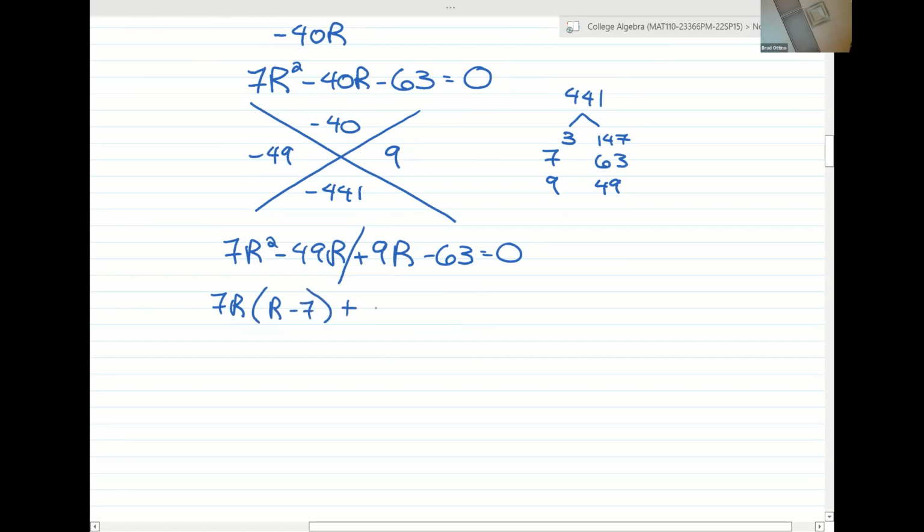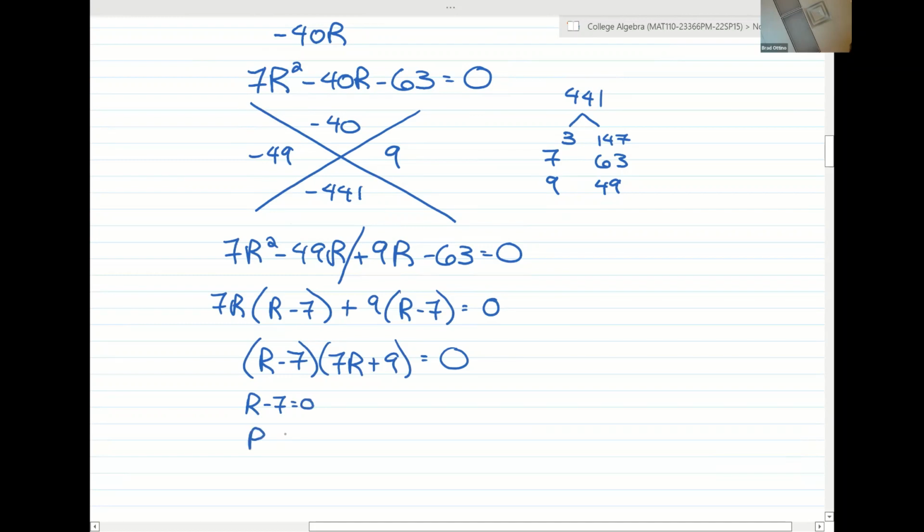We got a 9, and we're left with r minus 7, just like before. We get r minus 7 times 7r plus 9 is equal to 0. Making these equal to 0, we get r is equal to 7, and 7r plus 9 is equal to 0.